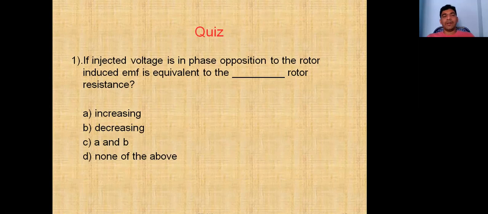If you inject some voltage, then slip decreases and speed increases. If you increase the resistance, torque increases, that means current increases, that means slip.